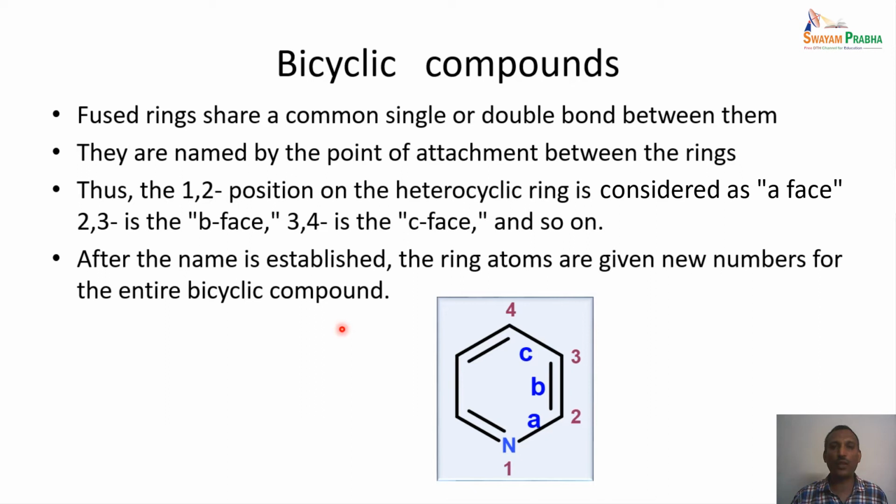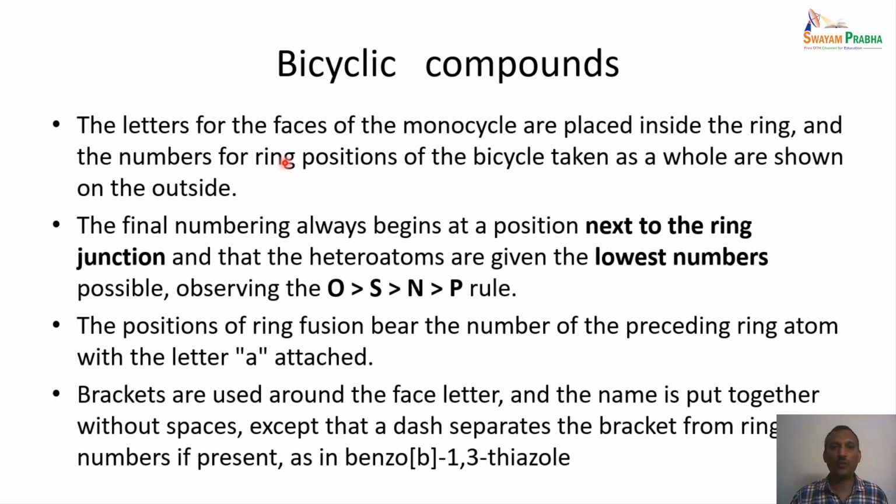So we will be looking at one by one elaborately. There are various rules which we have to follow when we are going to assign nomenclature to bicyclic systems. Some of the conventions that are being used: one of the conventions is that the letters for the faces, that is A, B, C for the monocycles, are placed inside the ring, and the numbers for the ring positions of the bicycle taken as a whole are shown outside.